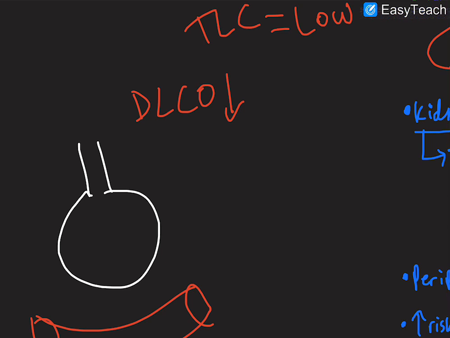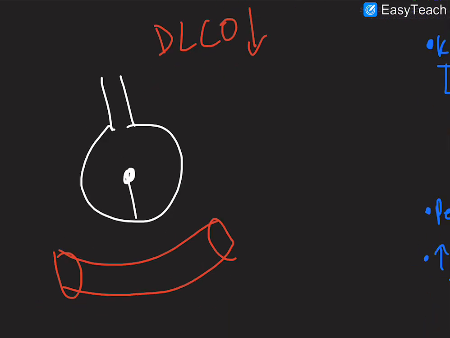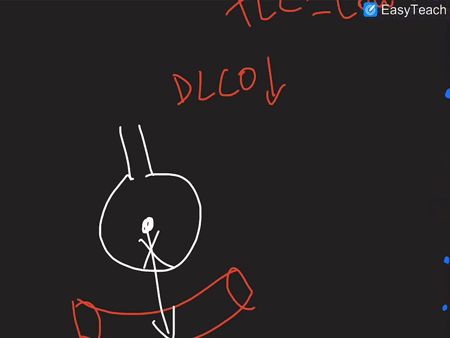So why can that happen? Well, if your alveolar surface area is all messed up and you don't have good surface area, then proper amounts of gases, which I'll represent as oxygen, cannot diffuse through. So one thing that can affect your DLCO value is alveolar surface area.